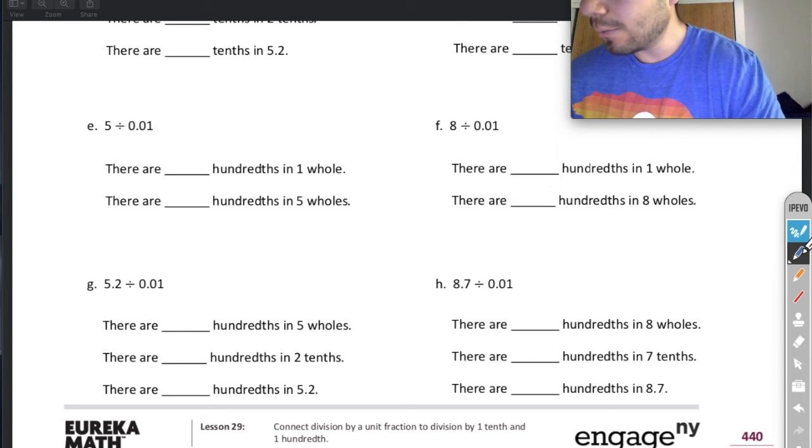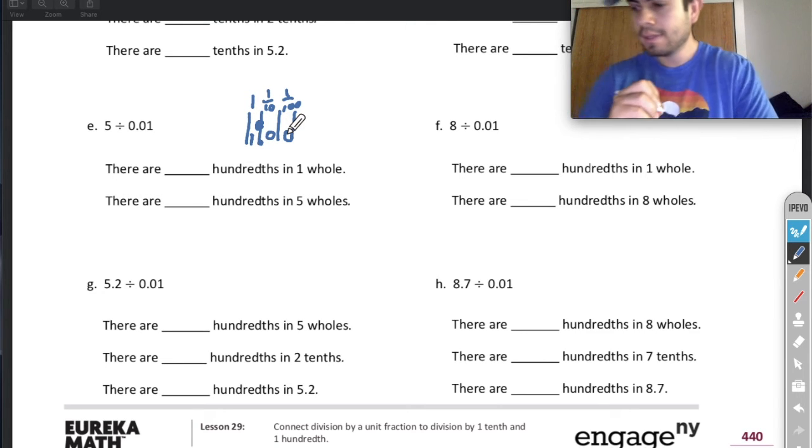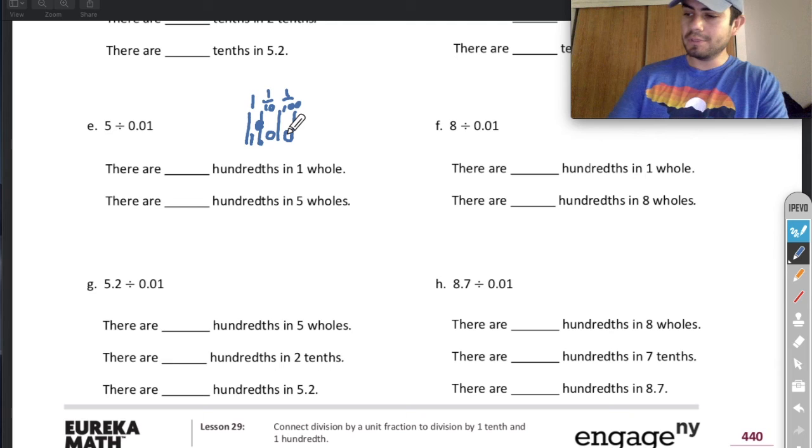So in one whole, remember that if we have our place value here, you got your ones, you got your tens, you got your hundreds. If we wrote one whole, it would be written as that. So when we see that, you can tell that in one whole, you have a total of 100 hundredths, okay?